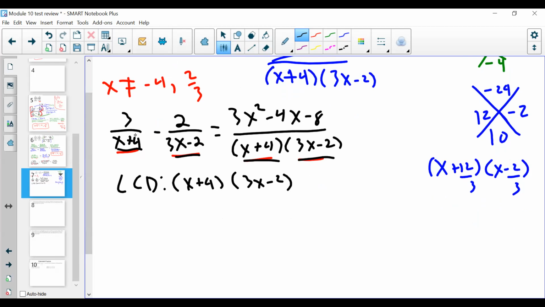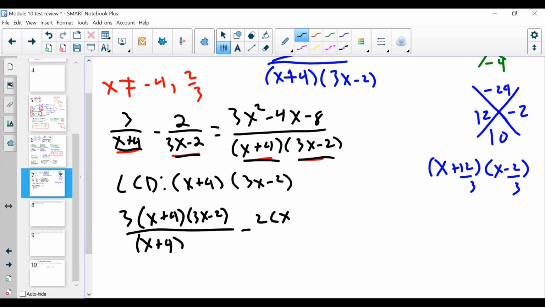So I'm going to multiply this whole thing by my LCD. When I multiply 3 over x plus 4 by my LCD, what I get is 3 times x plus 4 and 3x minus 2 all over x plus 4, minus 2 times my LCD of x plus 4, 3x minus 2 over 3x minus 2.